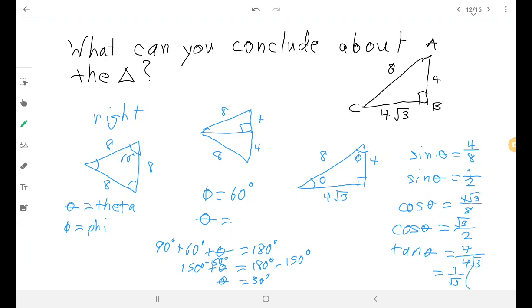If you multiply it by square root of 3 over square root of 3, you get the square root of 3 over 3. So those are a lot of the things that you could conclude about this triangle. You know all the angles, you know a lot about the trig functions, that sort of thing. All right, I'll let you take a look at that, sort of take that in before we move on to the next one.